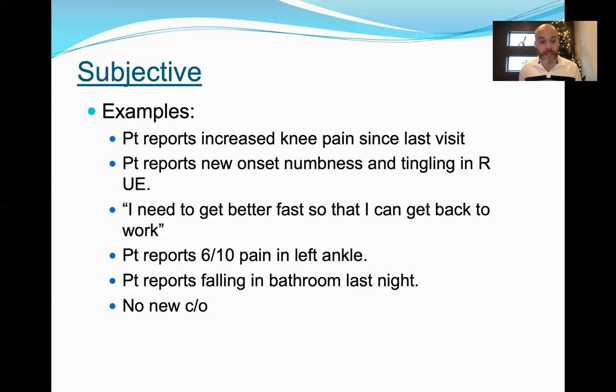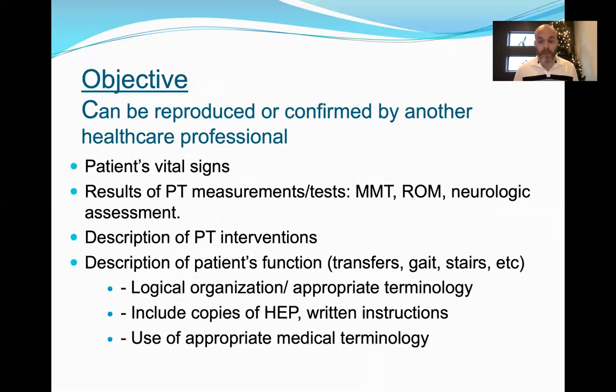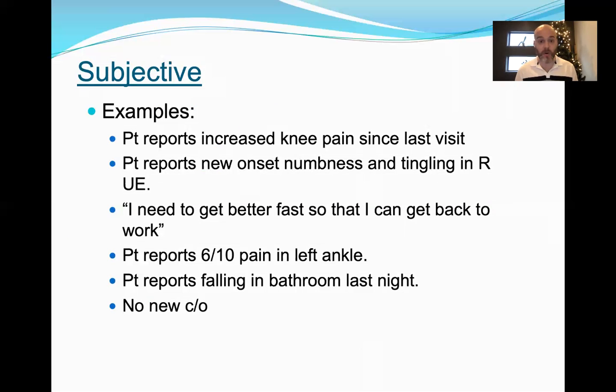And where you see that C/O, C/O is the abbreviation for complains of. So if you see no new C/O, that means no new complaints. So if nothing happened, you can just put no new complaints. If they say their home exercise programs are getting easier or their pain is less, you put that in the subjective section.